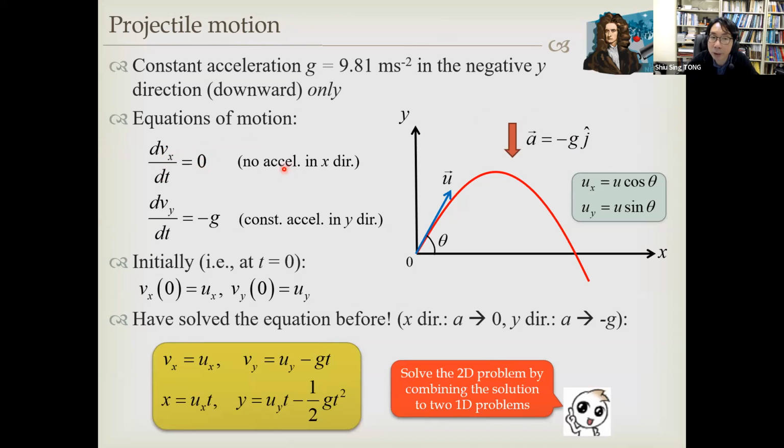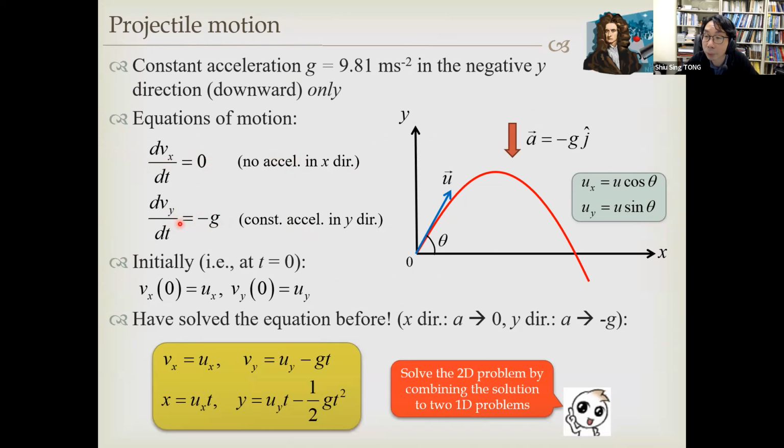Okay, so that means no acceleration in the x direction. But for the y direction, the y component of the velocity is subject to a downward constant acceleration of minus g.